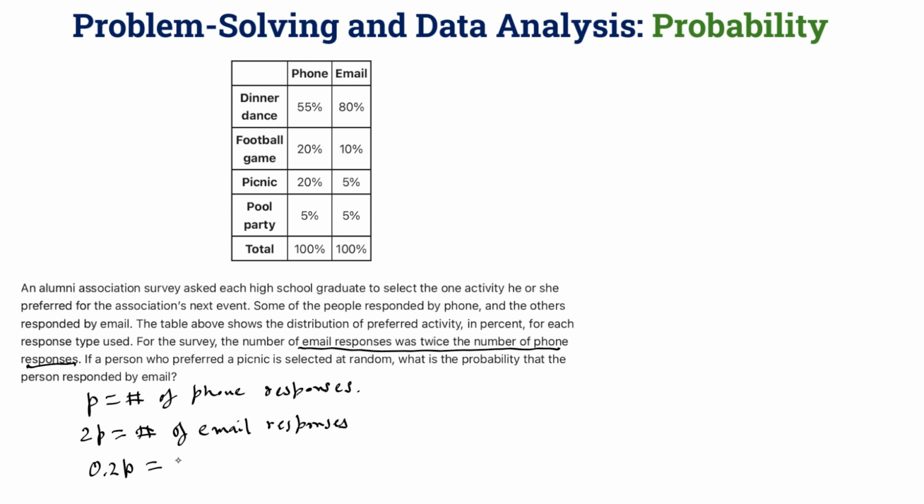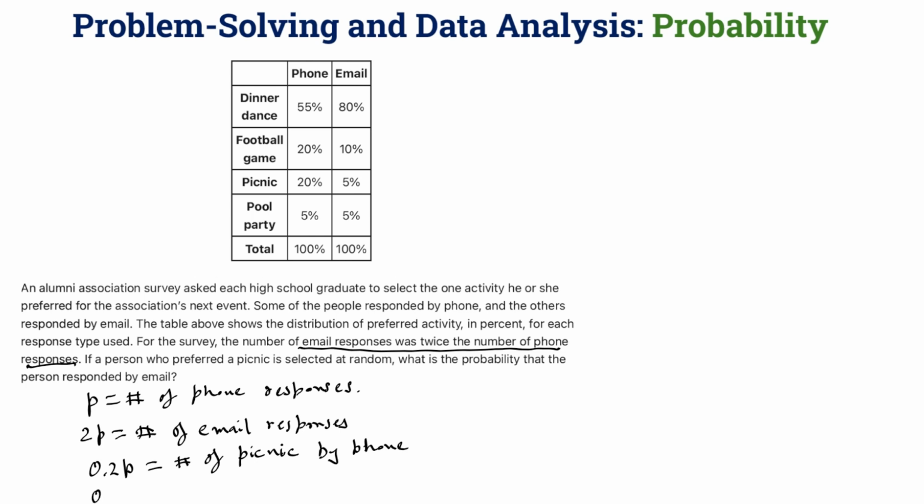which is the number of picnic by phone. And the number of responses for picnic by email is going to be 5% of 2p.